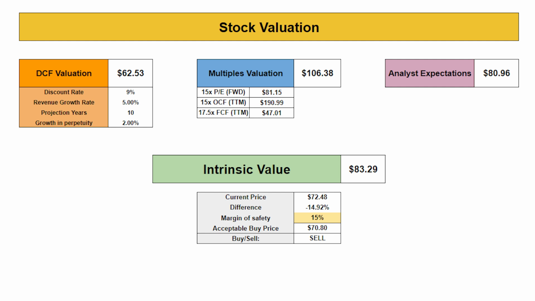And finally, the target price is $80.96. Putting it all together, we get an intrinsic value of $83.3. And using a 15% margin of safety, you get an acceptable buy price of $70.8, suggesting that the stock at the current levels is undervalued.